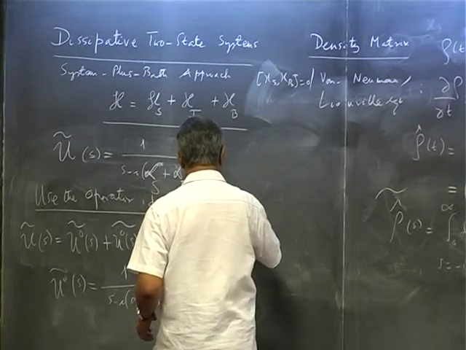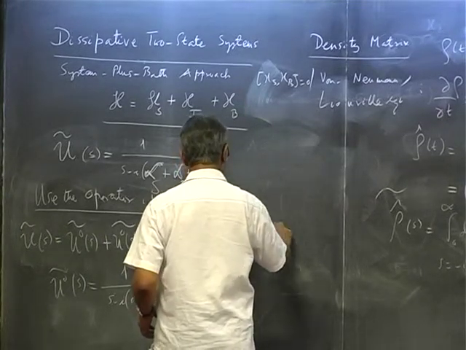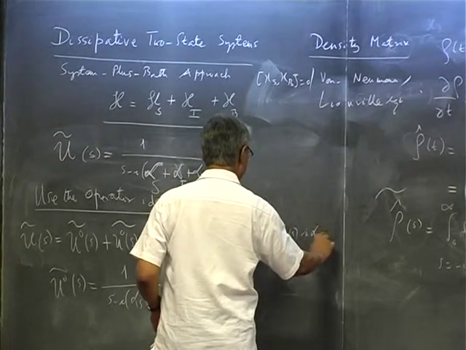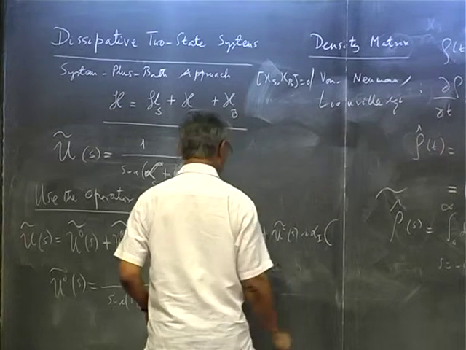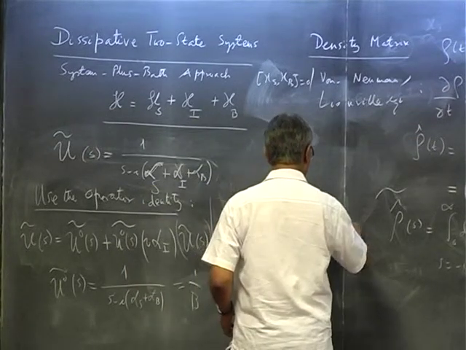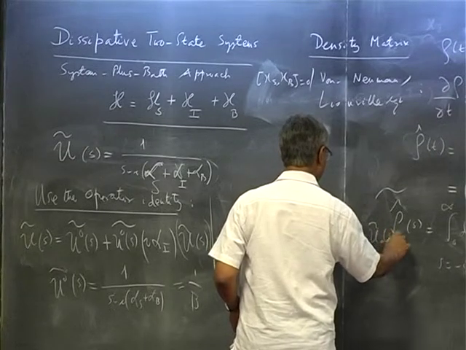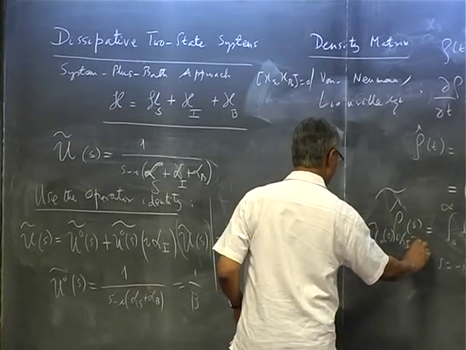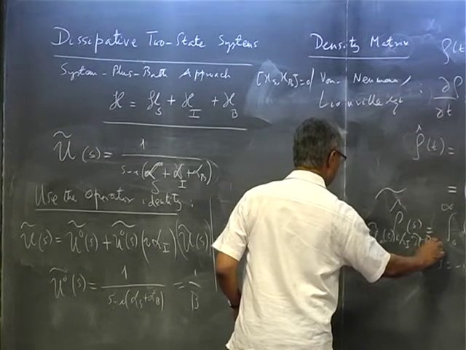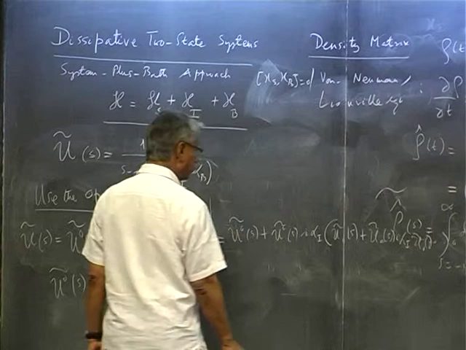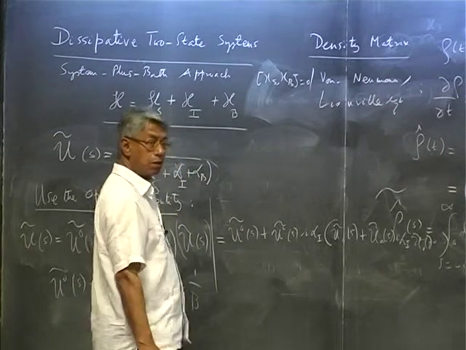So I have U naught of S plus U naught of S i L_I U naught of S plus U naught of S i L_I U naught of S i L_I U naught of S, and so on. So I have now developed a series.